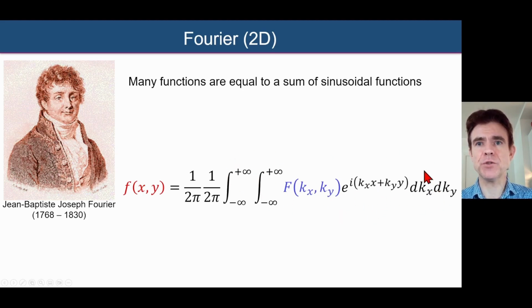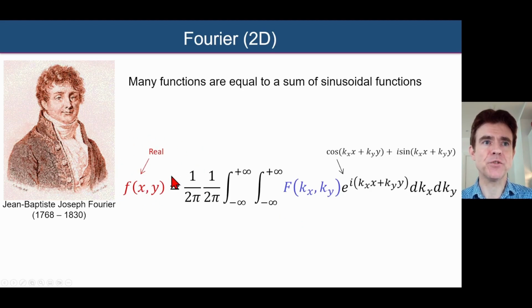And so we can add together these 2-dimensional sinusoidal and cosinusoidal basis functions, add them together with various coefficients to reconstruct or synthesize a 2D function. So I just want to spell out what's going on here. Again, we're using real functions in this video.